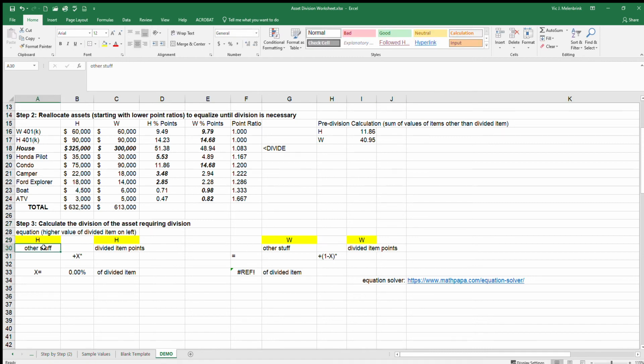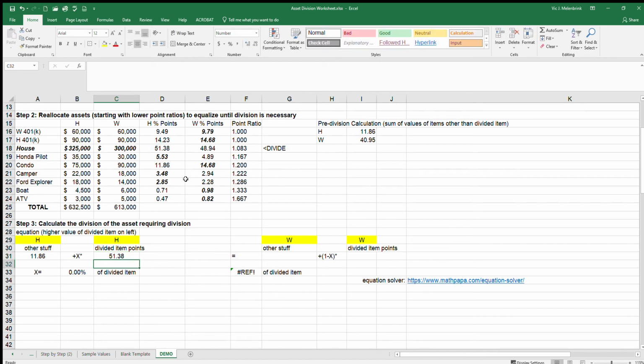Okay, so we need to add up the total of husband's other stuff in points. So we're just going to hit equal. We're going to go up here, just say it equals that. So that's what it is. And then the divided item points equals, and then we're going to find the points the husband has for the house. So that's this right here, 41.38. So we'll just hit equals that cell.